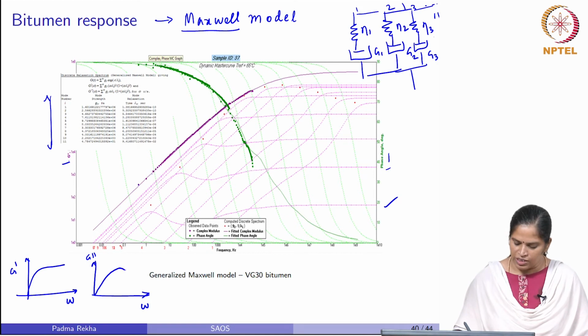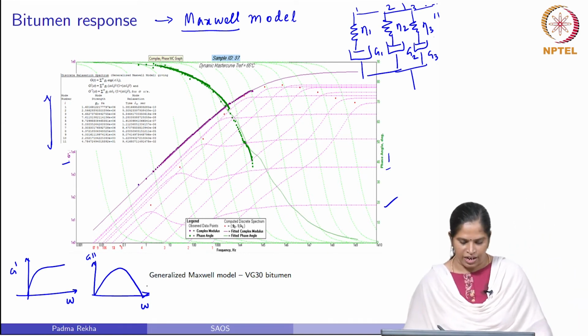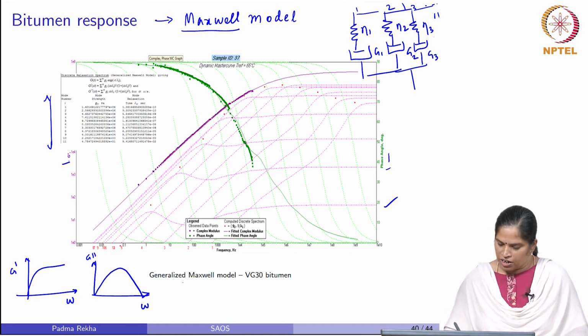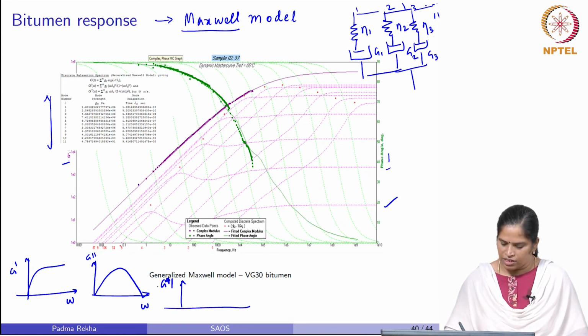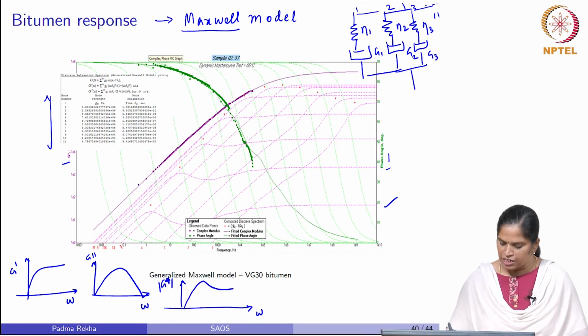Loss modulus increased with the frequency and then decreased. This is what we have seen in the last class. So, if you combine both together, storage modulus and loss modulus, the dynamic modulus value as a function of frequency will show an increase something like this.